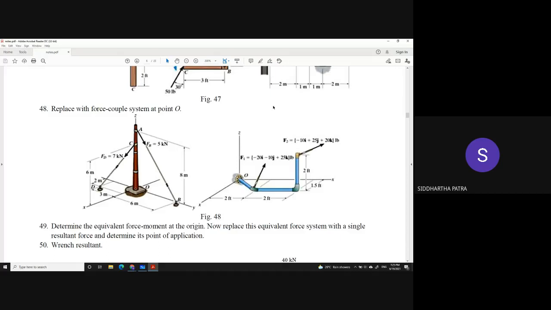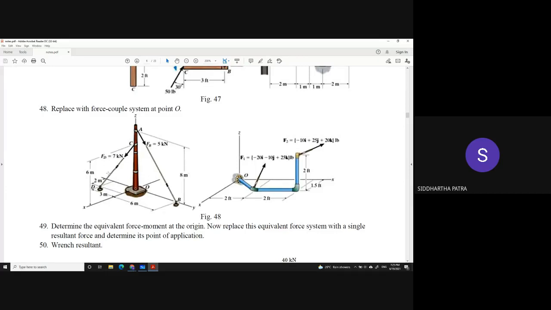Similarly, you can identify the position vector of D, that is going to be 2i minus 3j meter. And you can of course identify the position vector of C and A, where C is 6k meter and A is 8k meter.